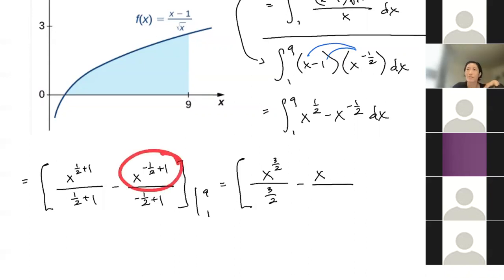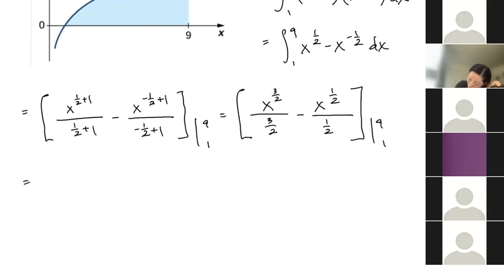What do we got over here, folks? X to the negative 1/2 exactly goes to 1/2. And what about the denominator? What do we got for the denominator here, folks? Last denominator. 1/2, good.